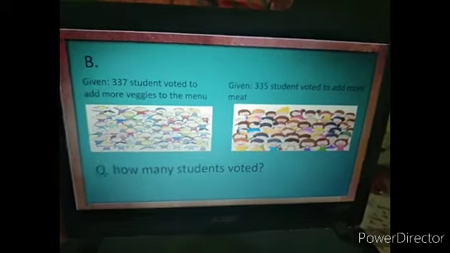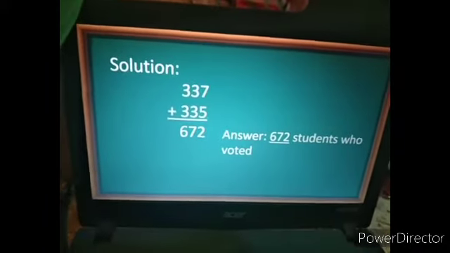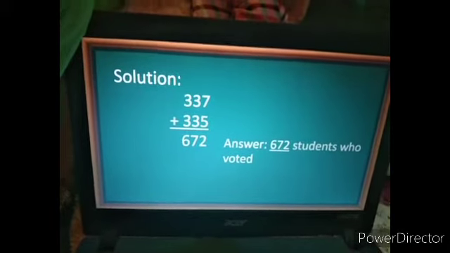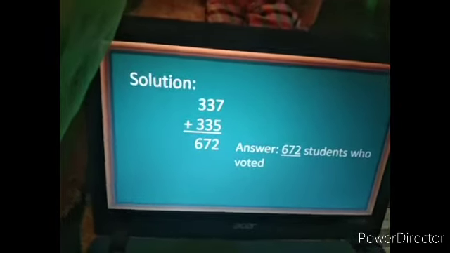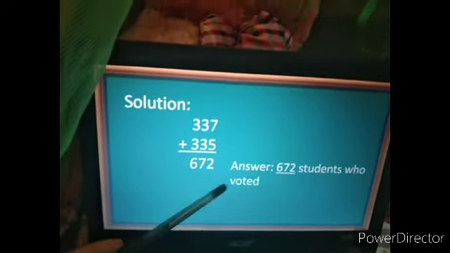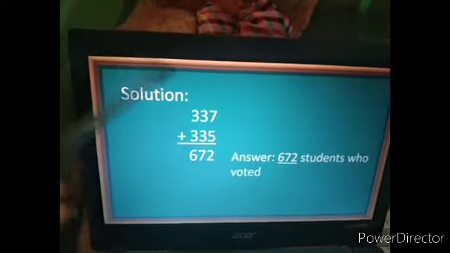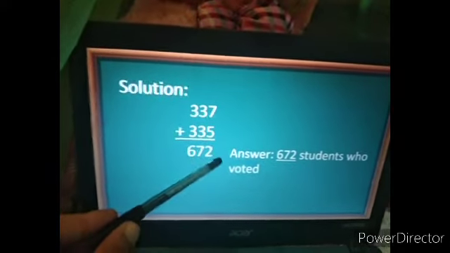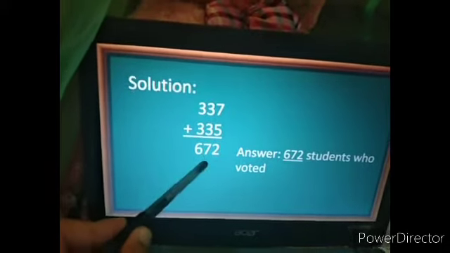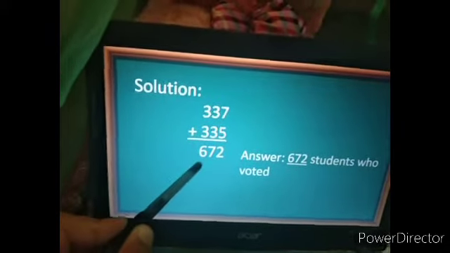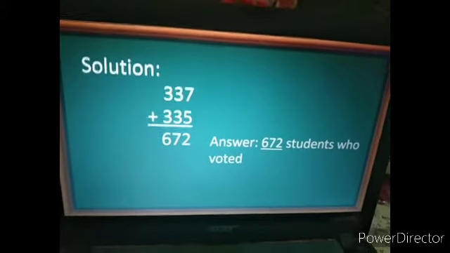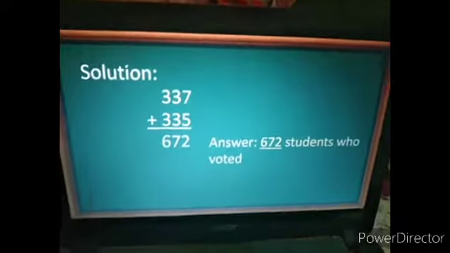Let's solve. 337 plus 335. 7 plus 5 is equal to 12, so we put 1 on top of the 3 and 2 here. 3 plus 3 is equal to 6, plus 1 is equal to 7. 3 plus 3 is equal to 6. So the answer is 672 students who voted.